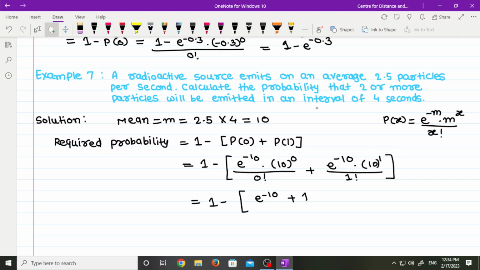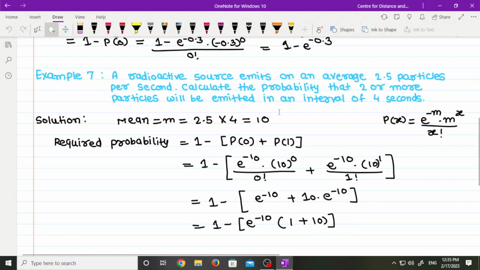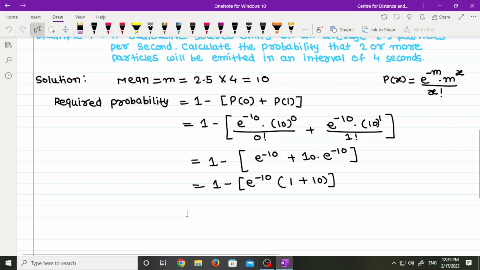So, here we get 10 into e raised to minus 10. Taking e raised to minus 10 common, we get 1 plus 10, and 1 plus 10 is equal to 11.